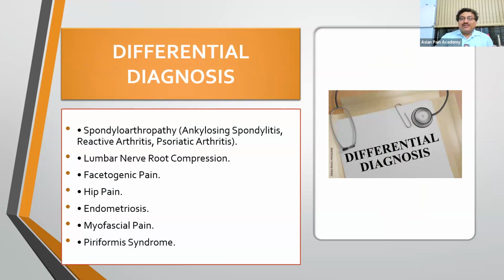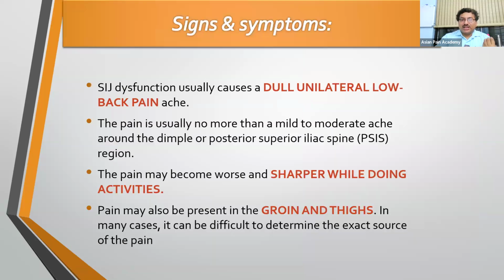The L5S1 facet joint and the sacroiliac joint are supplied by the same nerves, so L5S1 facet joint pain might be misdiagnosed as sacroiliac joint pain. Then hip pain might be misdiagnosed as sacroiliac joint pain. Then endometriosis, myofascial pain, and piriformis syndrome can be mistaken as sacroiliac joint pain. So they all come in the differential diagnosis, and we need to differentiate them from other conditions.